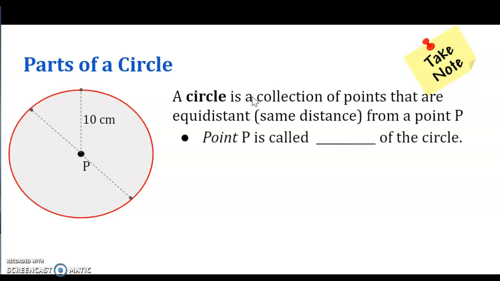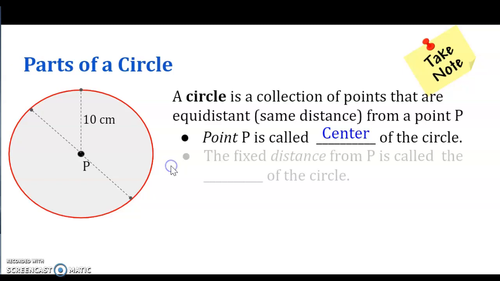Let's look at some vocabulary. The point P, the center, well, I gave you the answer. The point P is called the center of a circle. And we also use the letter for the center to name the circle as well. So in this case, I will name this circle P, because that's the letter on the center.